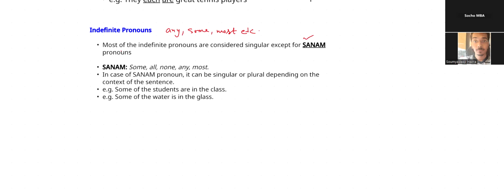When I say सनम, सनम में क्या क्या है? Some, all, none, any, most. अच्छा, right, उससे full form आया है. It can be singular or plural depending on the context of the substance. You can see the examples here, right? Done. अच्छा, हाँ, समझ गया.